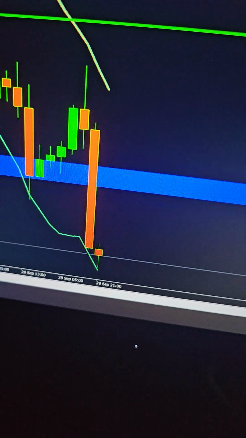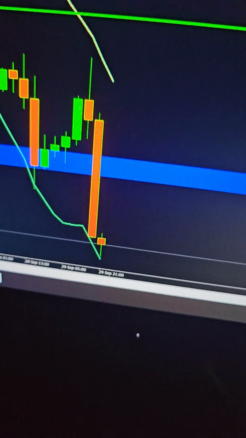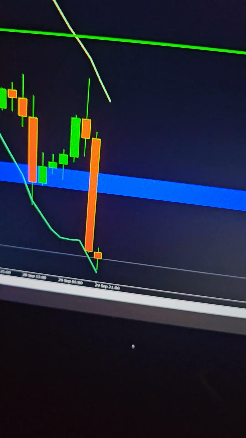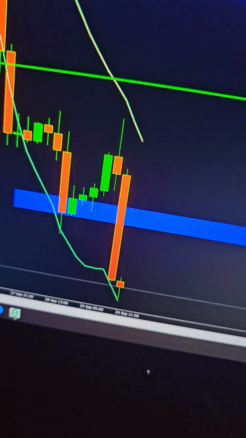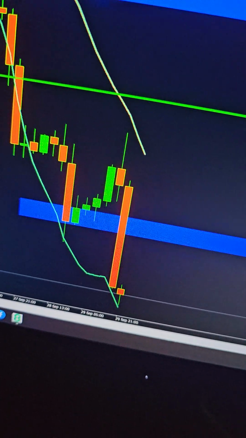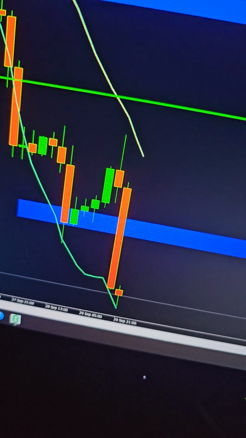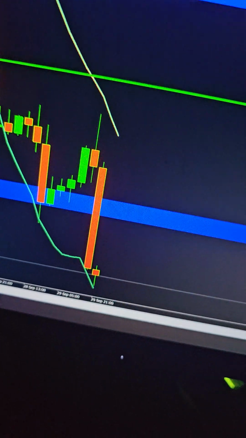Gold bounced from the 1863 zone up to 1874 and then dropped down. So the first place I will be looking at to act as a resistance would be 1863, but if it breaks, 1870.